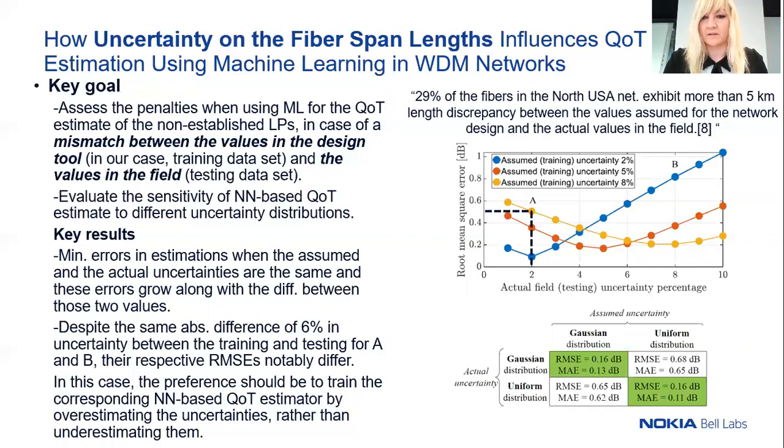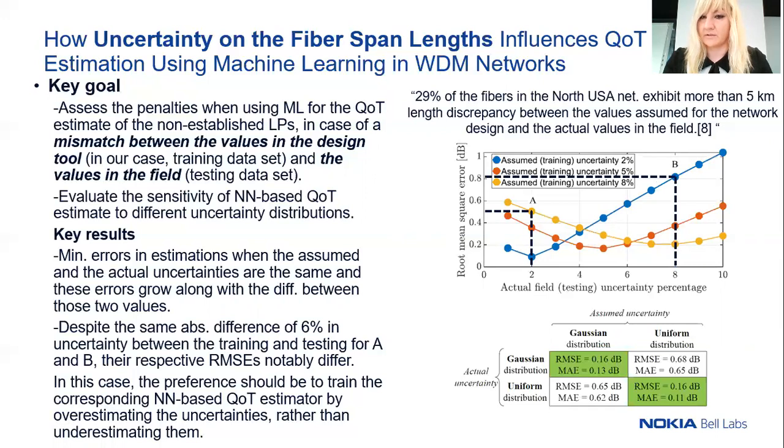So for example, if we take a look at point A on the yellow curve, which is for training uncertainty of 8% and testing uncertainty of 2%, you have a root mean square error of estimation of 0.5 dB.